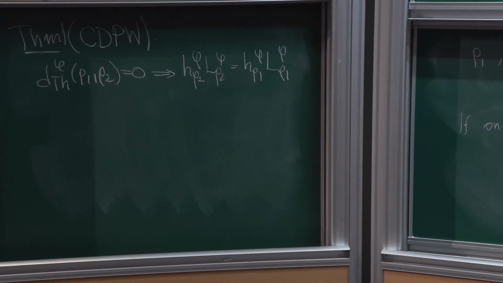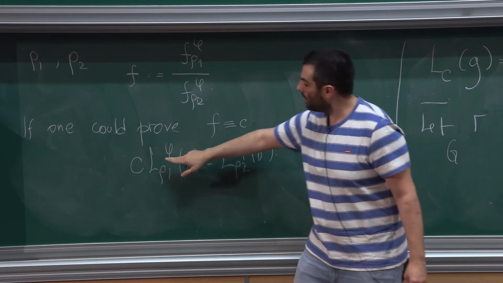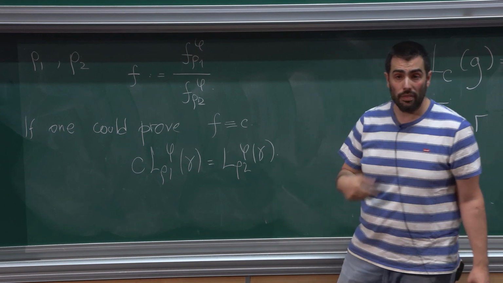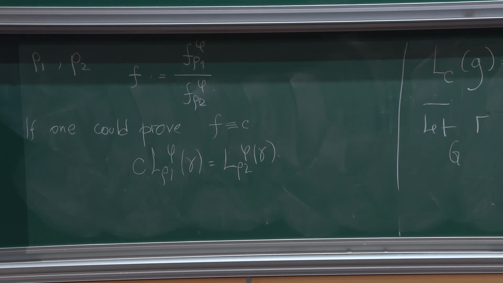The problem is that you cannot prove that f is a constant, but to conclude this, you just have to integrate. If your function is not a constant, but differs from a constant by a function which is a derivative along the flow, you get the same conclusion. And this is what you can conclude.